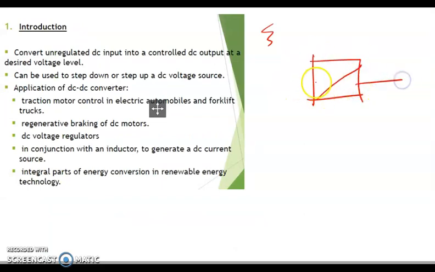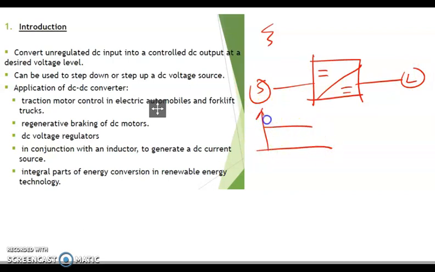Okay guys, again to repeat in terms of a visualization diagram. Let's say we have a power converter or power processor to convert DC to DC. We have a source here and a load here. We have a certain level of source voltage, and the required load may be lower or higher.